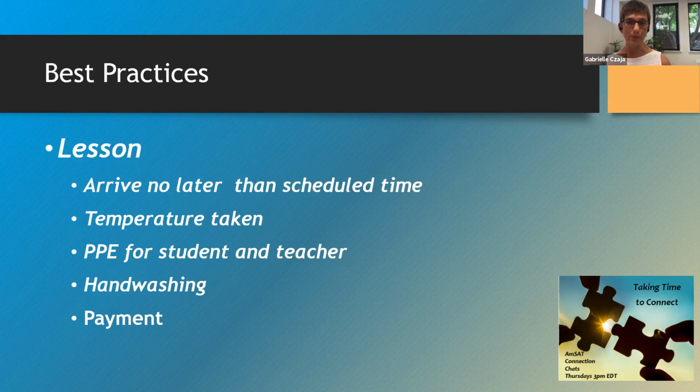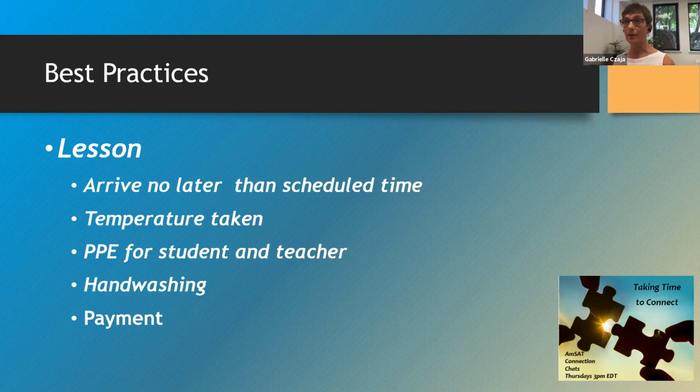Every single time you see the student, it's recommended that you use an infrared thermometer to take a temperature at the forehead. Right now, an infrared thermometer is one of the best ways to check to see if that person might be sick. There's a lot of literature out there that says a temperature may or may not indicate whether or not somebody is carrying the COVID virus.